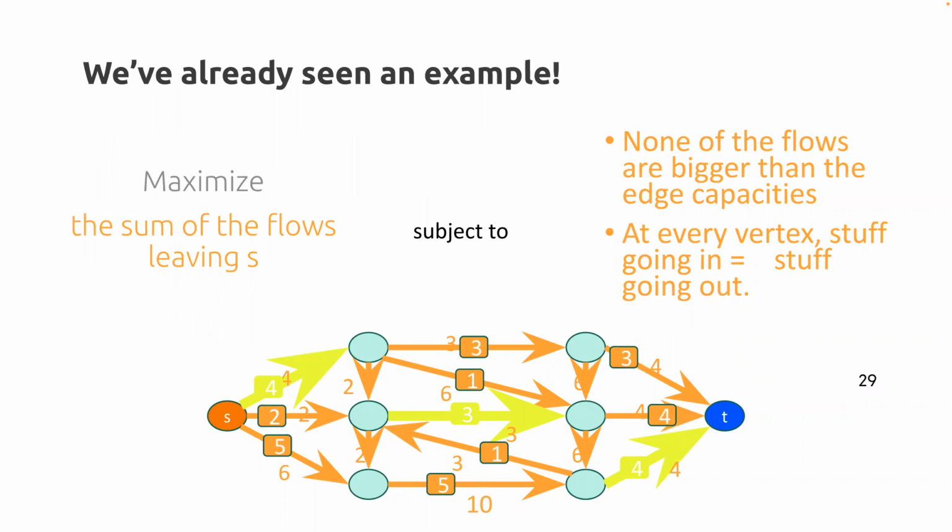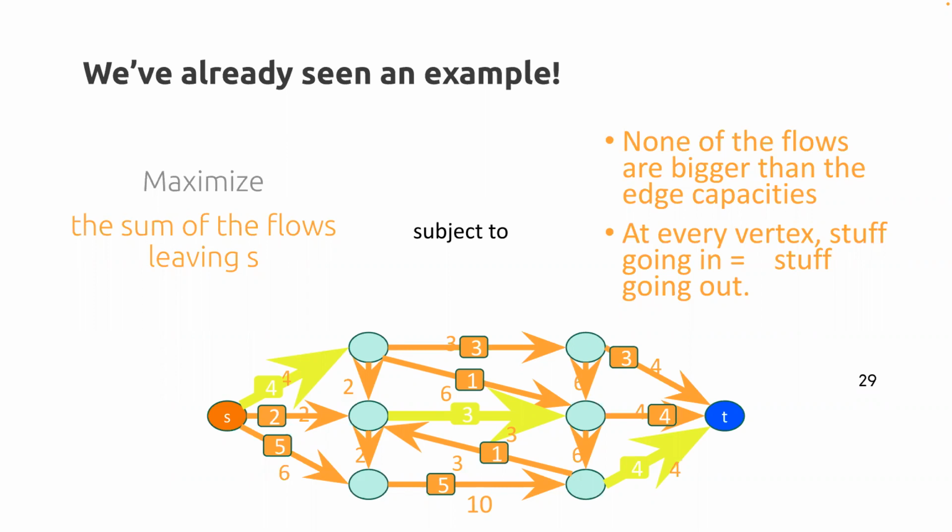So we talked about how maximum flow can be used to solve a lot of other problems in the real world. It turns out that maximum flow can also be represented as a linear program. So if you have an algorithm to solve linear programs, that is also an algorithm to solve maximum flow. Because the idea is maximize the sum of the flows. So for each edge, you define a variable that tells you how much flow is going over that edge.